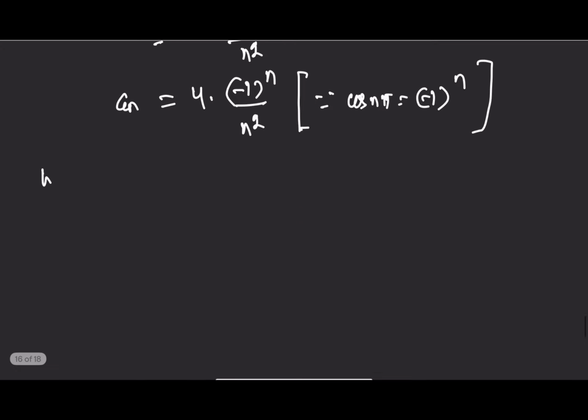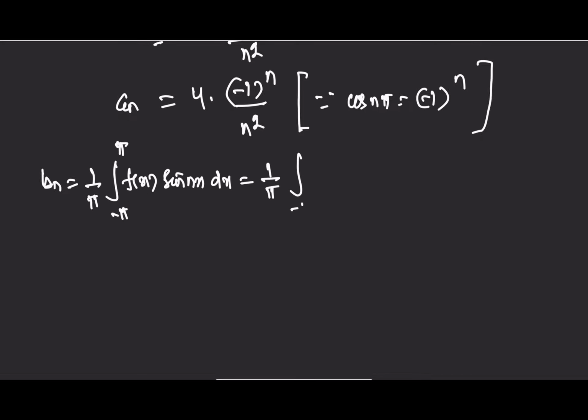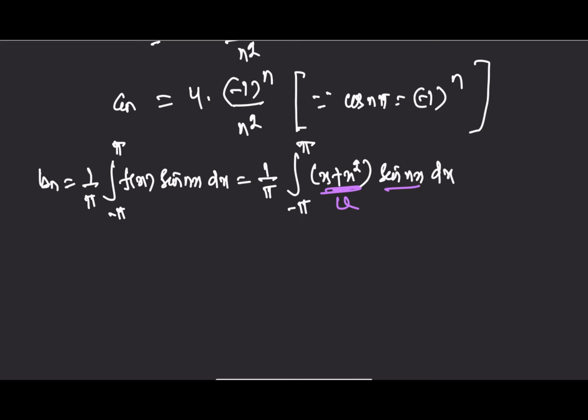Euler formula for Bn is, for this kind of integration, we use the UV formula. For this, take x plus x square as u and sin nx as v.